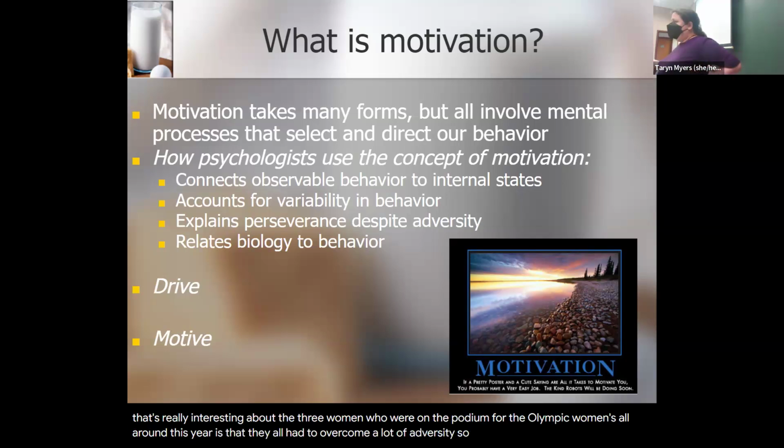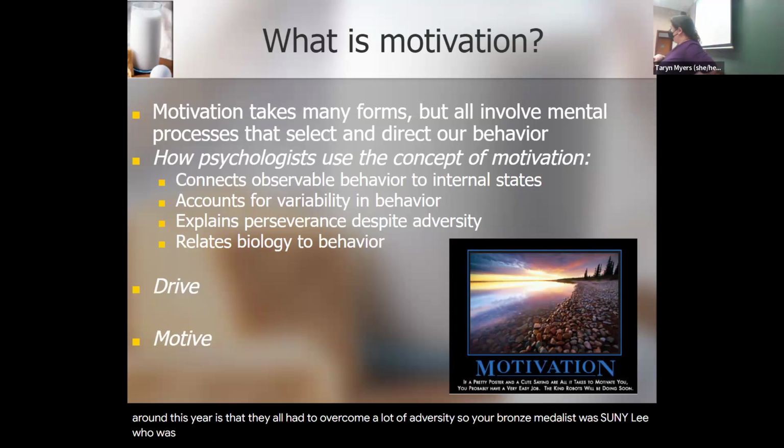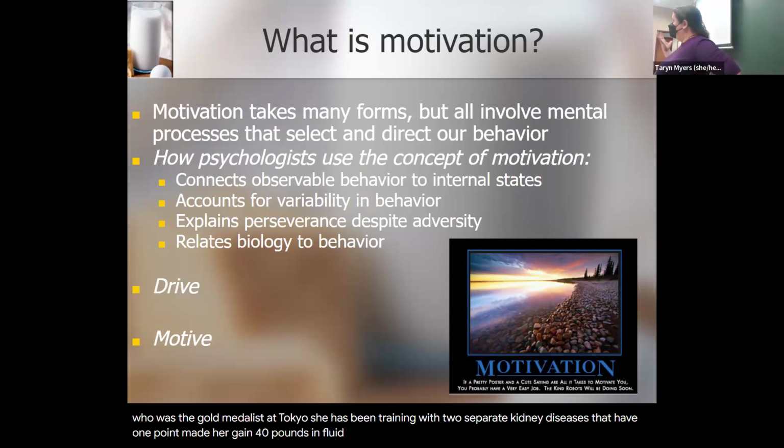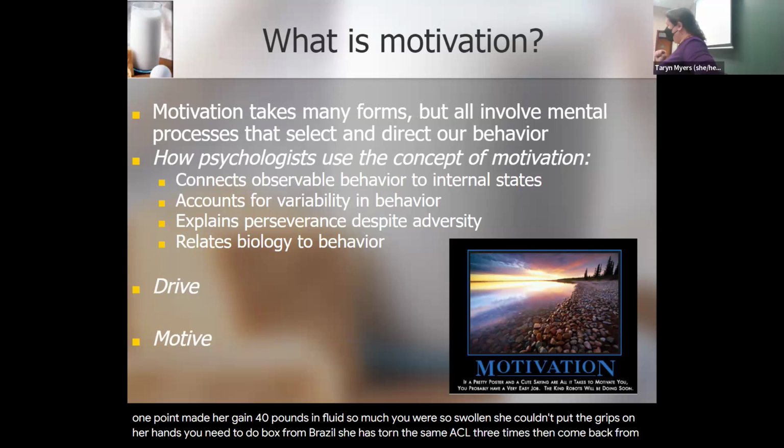Your bronze medalist was Suni Lee, who was the gold medalist at Tokyo. She has been training with two separate kidney diseases that at one point made her gain 40 pounds in fluid. When she was so swollen, she couldn't put on the grips you need to do bars as a gymnast. Rebecca Andrade from Brazil has torn the same ACL three times and come back from it.